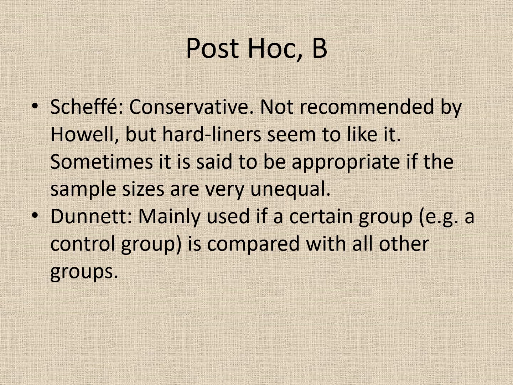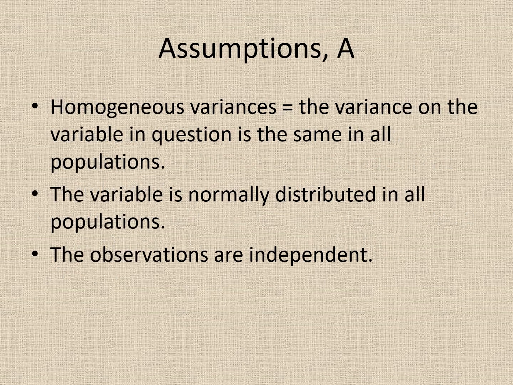There are some assumptions behind the calculations here. The ANOVA calculations are based on some assumptions. For instance, that we have homogeneous variances. So that the variance on the variable, the dependent variable in question, is the same in all populations.